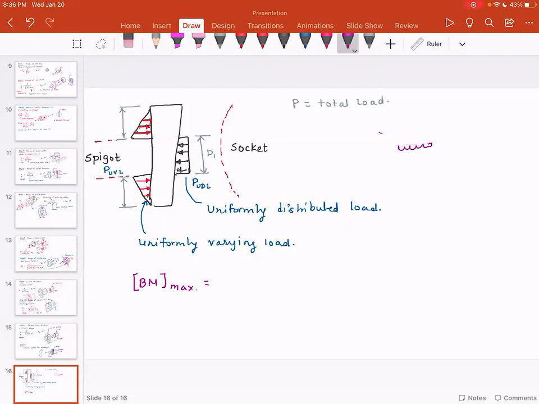So I'm going to show you a horizontal cotter, and it's assumed that the cotter is supported over here, point A and point B. I would recommend that you look at the equation for the maximum bending moment given in the textbook.